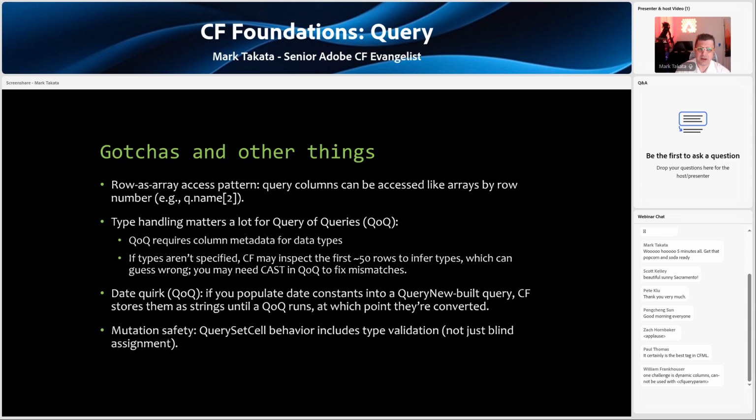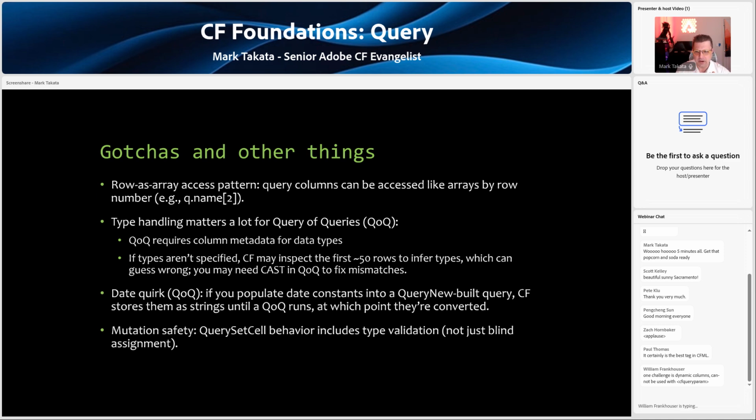The first time you try to do a query of queries on a query new created query, it may not do what you want it to do. It might break. Like I said, CF inspects the first 50 rows or so to infer types, but if it does it wrong, you might have to cast, which is a whole thing.